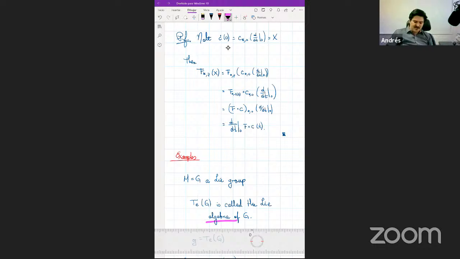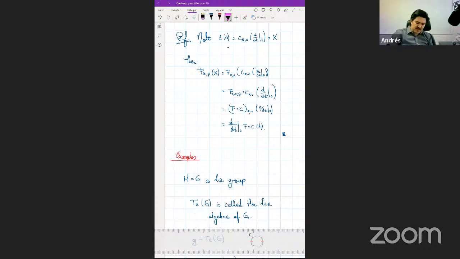So far, we know this only as a vector space of the same dimension as the manifold G. Later on, we will see what the product on this vector space is, so that it justifies the name of algebra, the Lie algebra of the group.